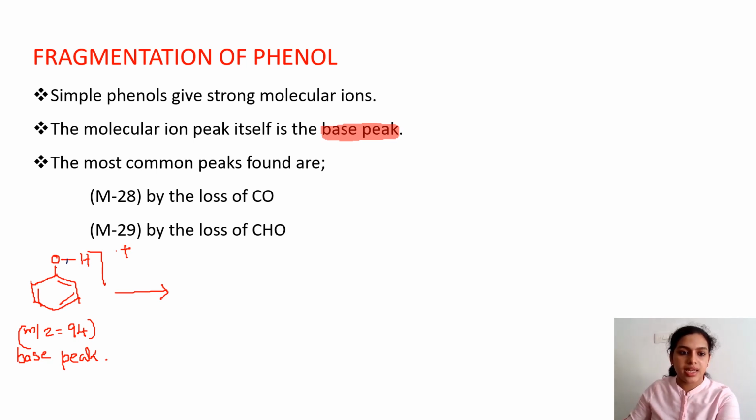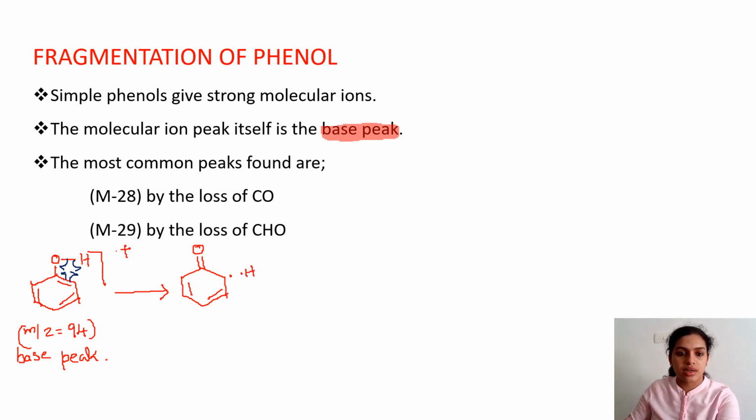Here the bond breaks like this to give, see here, a double bond has been formed between carbon and oxygen. Here one bond is broken and therefore a double bond is formed, and here there is a radical dot and H dot.